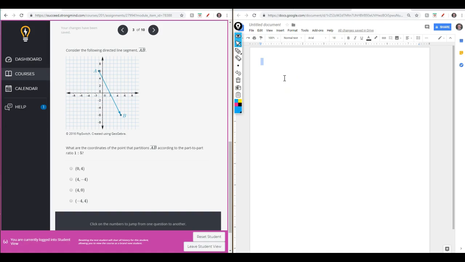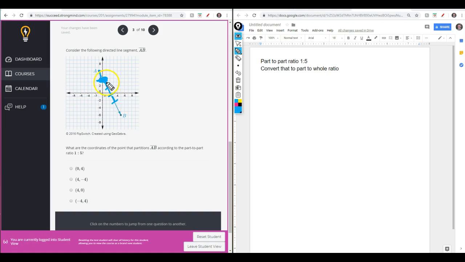So the first thing I do is I find out what the part-to-part ratio is. The part-to-part ratio is 1 to 5. So now I'm going to convert that to a part-to-whole ratio. What this part-to-part ratio is saying is that they want one portion of this segment to be separated by this point, and then they want 5 more segments after.